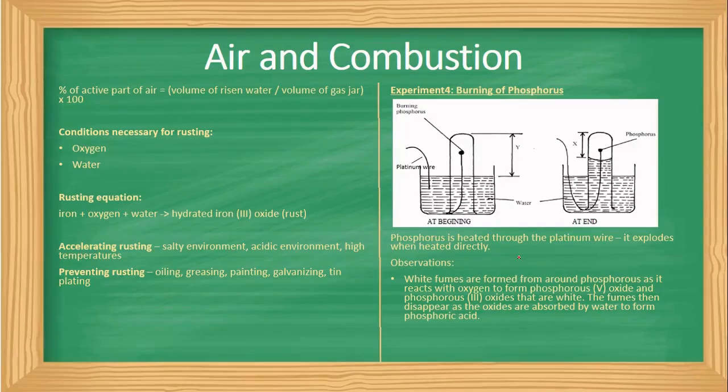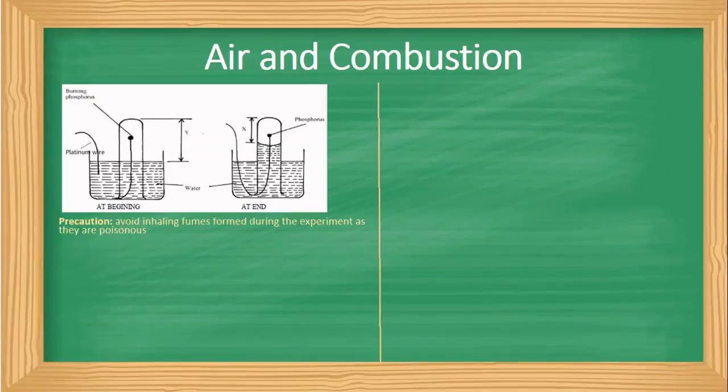The fumes then will disappear as the oxide is absorbed by water to form phosphoric acid. So the water will also rise in the gas jar, as you have seen, to occupy the space that was left by oxygen that has been used in burning of phosphorus.